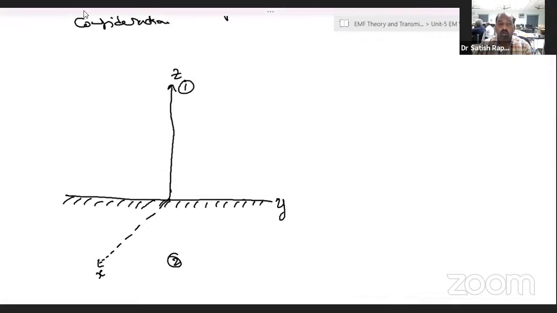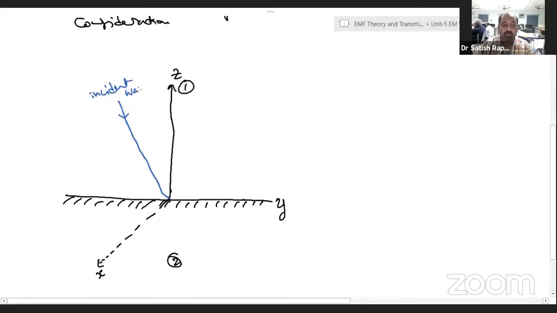And now the wave is incident. So this is the incoming wave, traveling like this and incident on a boundary. In other words, this is called the incident wave. Whenever a wave is incident on a boundary, this is called the angle of incidence, theta 1.